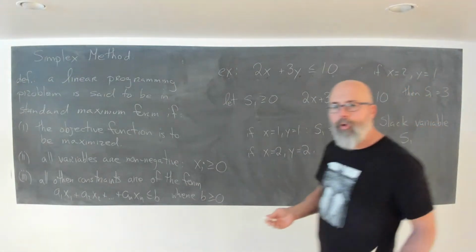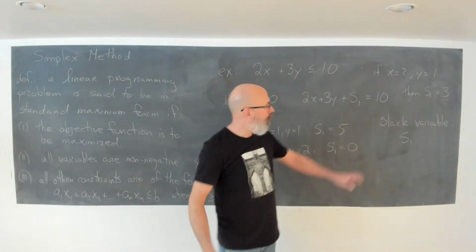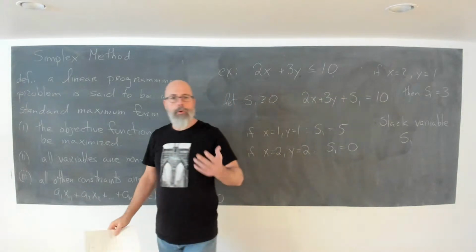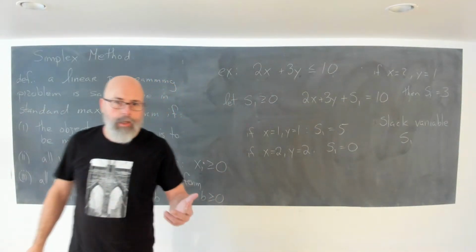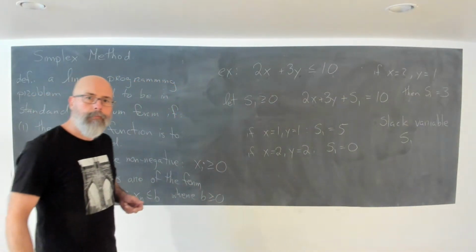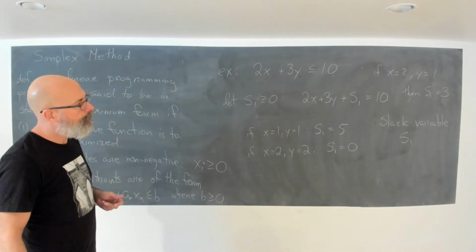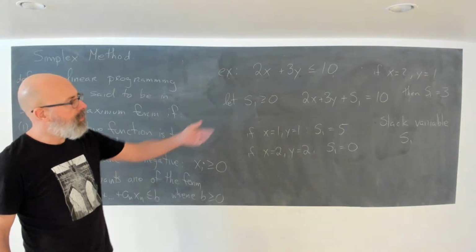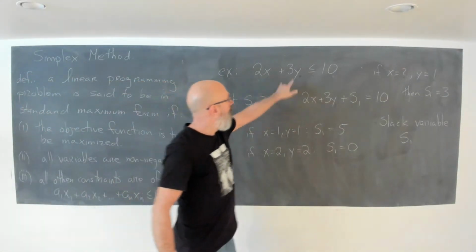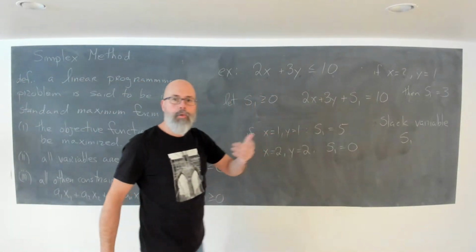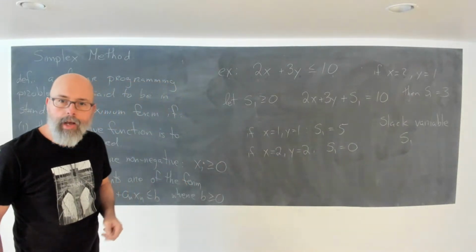S1 is called a slack variable, it transforms an inequality into an equation. It's there to pick up the slack, right? In the case that you had something strictly less.